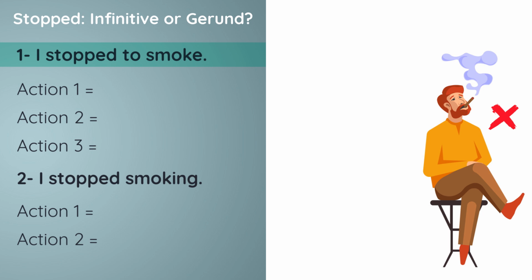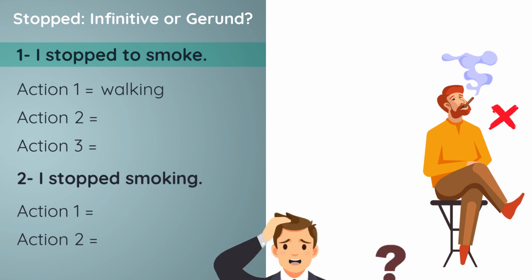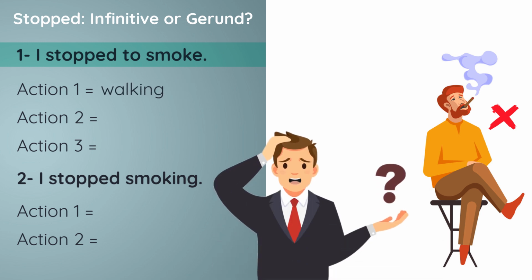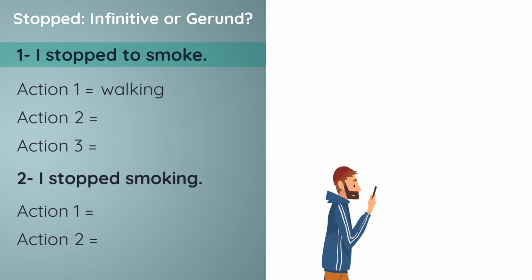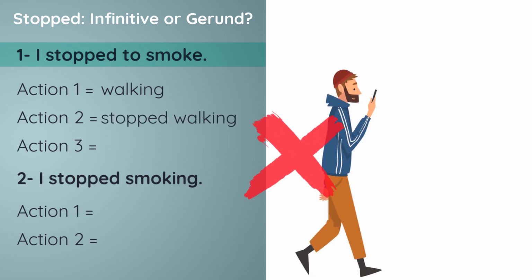Well, it means there's a first action. We don't know exactly what the first action is. Maybe somebody's walking, maybe somebody's working. So we're just gonna guess at this point. We'll say the first action is somebody's walking. The second action is they stop walking. Okay?